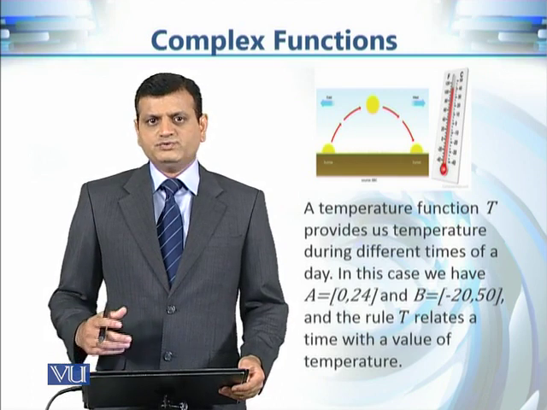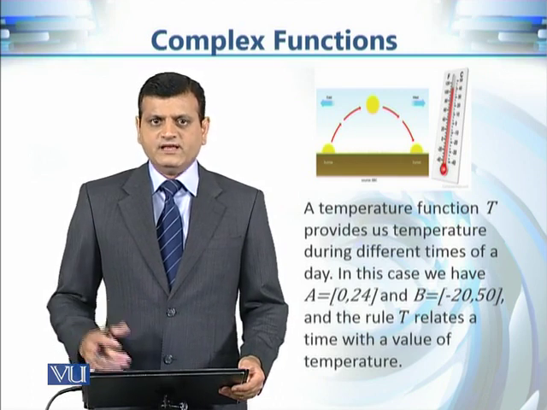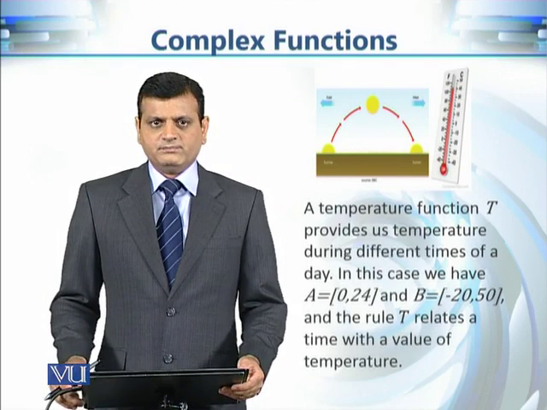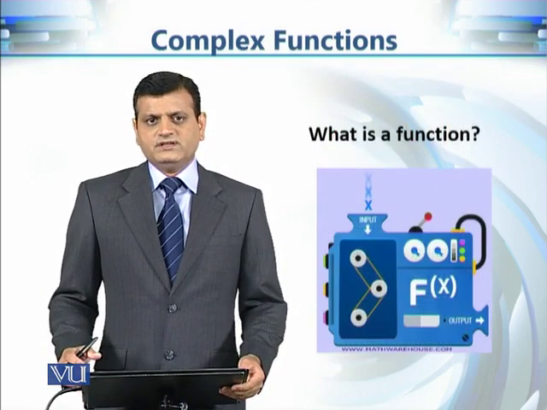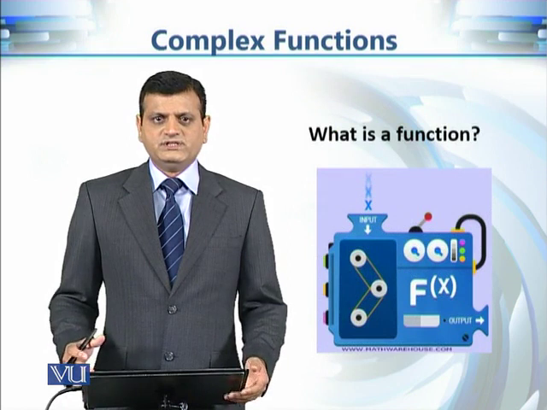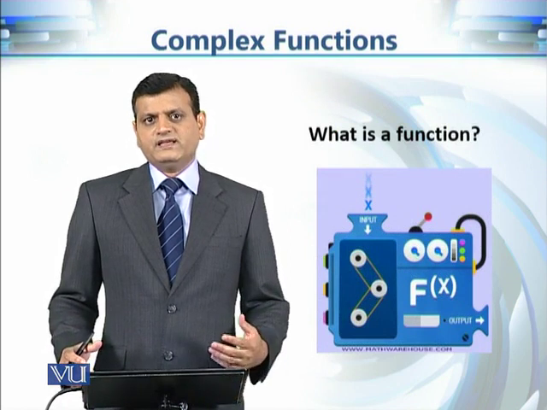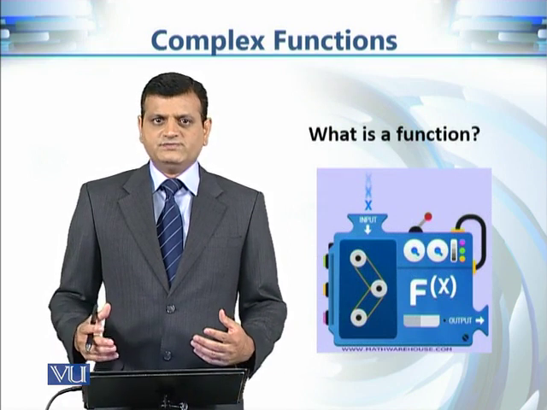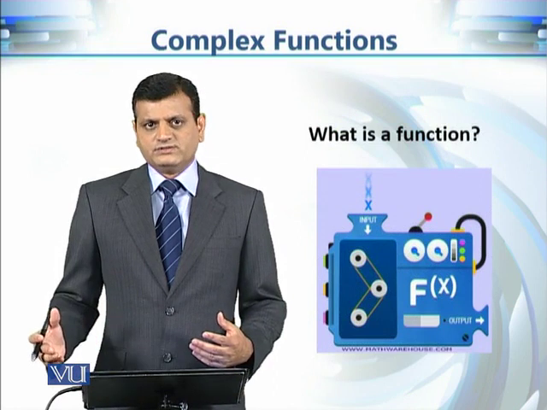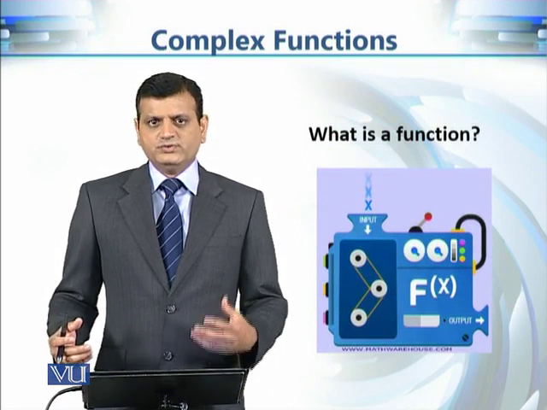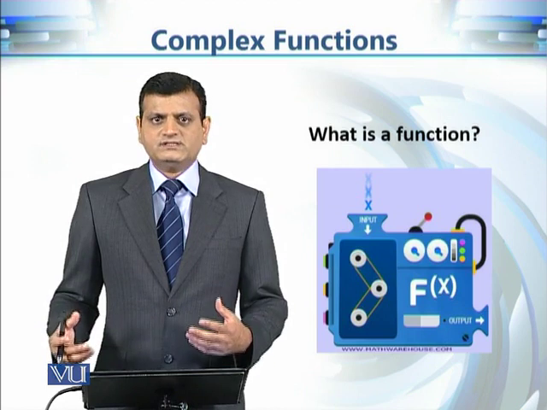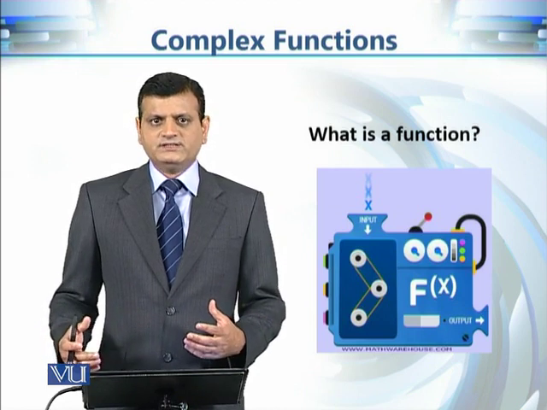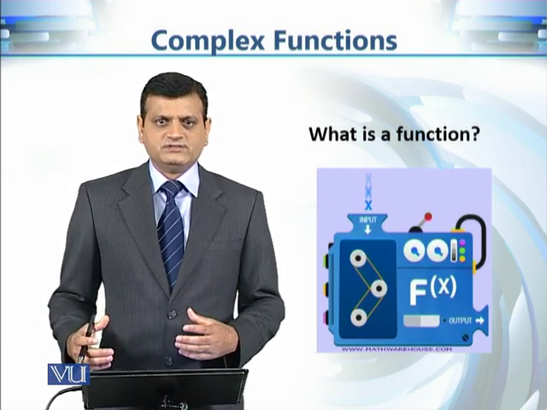It gives me a unique output for each and every value of time. So we can say that a function is a kind of machine. It takes one quantity as input and gives me another quantity as output. These two input and output quantities are related, and how they are related is inside the machine.